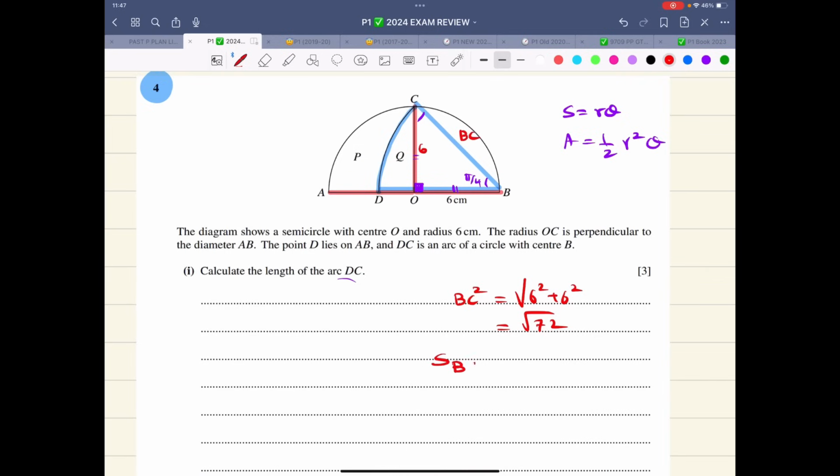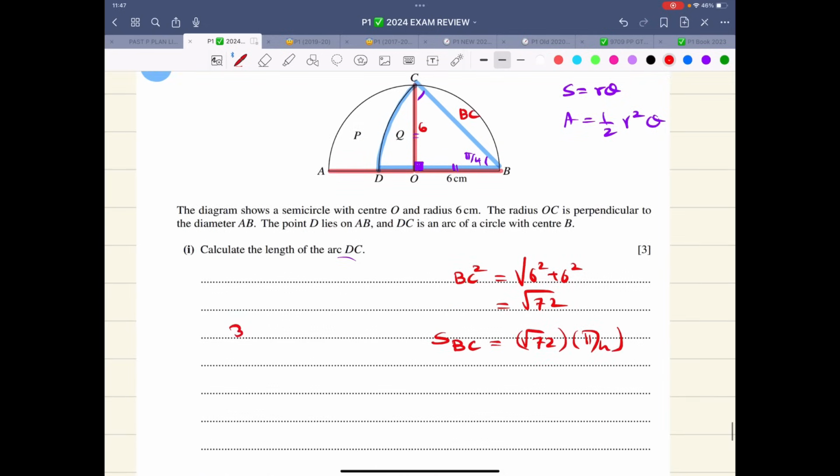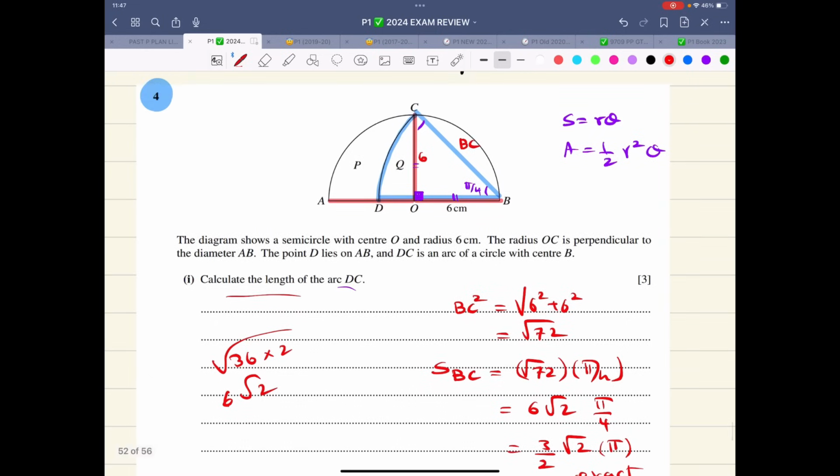Therefore, arc length is root 72 into pi by 4. 72 can be written as 36 into 2, so root 72 is 6 root 2. So this is 6 root 2 into pi by 4. That can be written as 3 over 2 root 2 into pi. I have written the answer in exact form because it does not specify whether decimals or exact. So I personally like exact form.